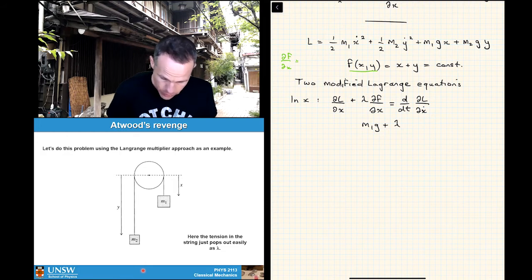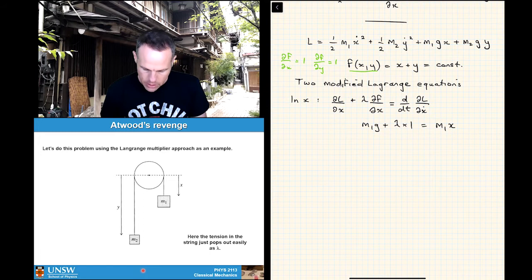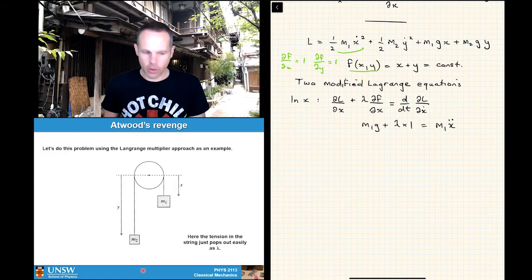Because we're taking the derivative of x. And dF/dy is also just going to be 1, okay? So what we're going to end up with here is lambda times 1 is equal to m1x dot, because this just comes down from the term up here, and then when we take the time derivative of it, we get our second dot, so we've got this, okay?